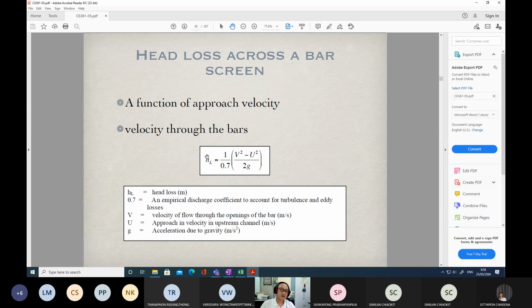These equations we normally use, not really for design, but when we operate the screens. The issue associated with this screen is only the head loss after the operations.